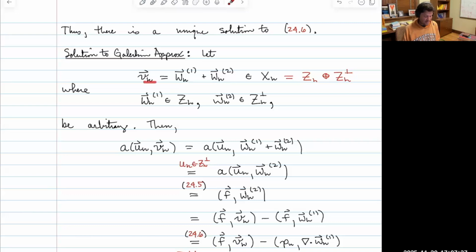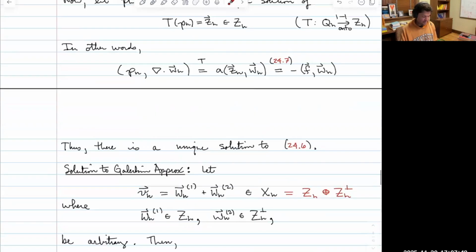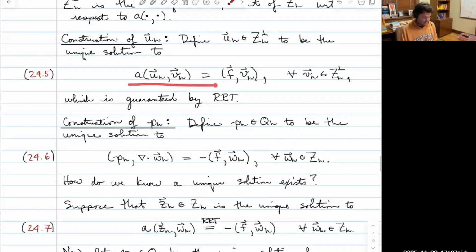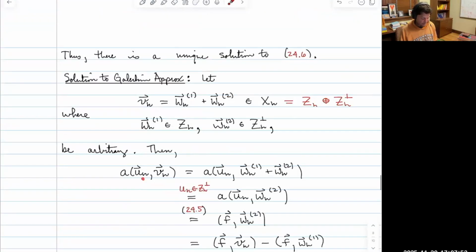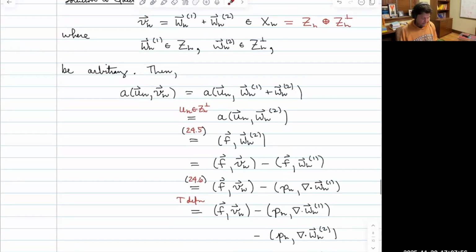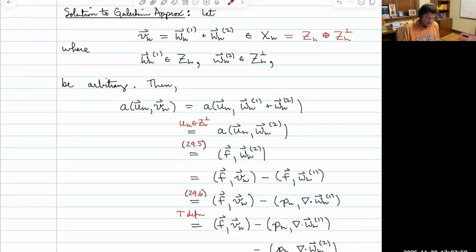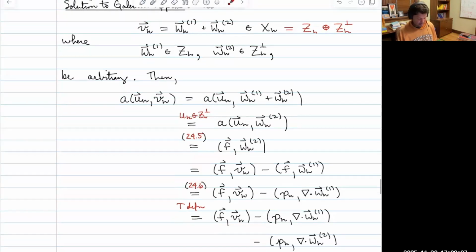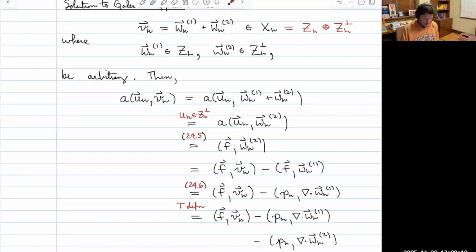Okay, so VH is arbitrary. Then let's look at this bilinear form A(UH, VH). And UH here is going to be the solution that we got from 24.5. The first thing I'm going to do is break VH into the direct sum that I decided was possible above. Now, UH, we said, is in ZH perp.